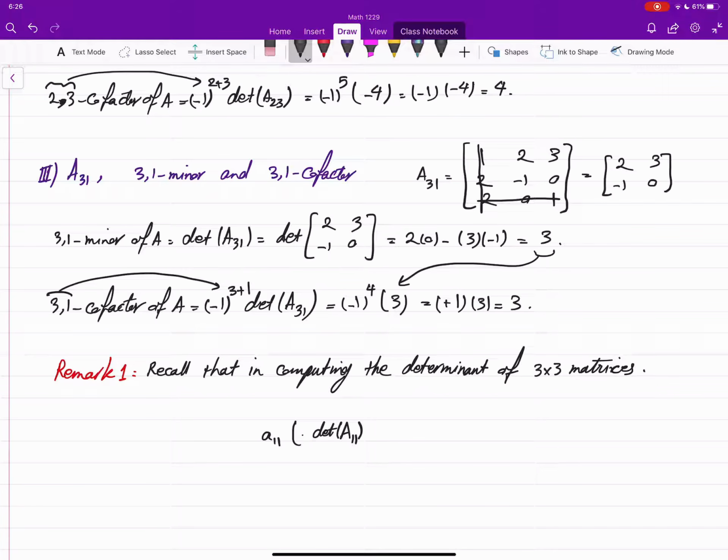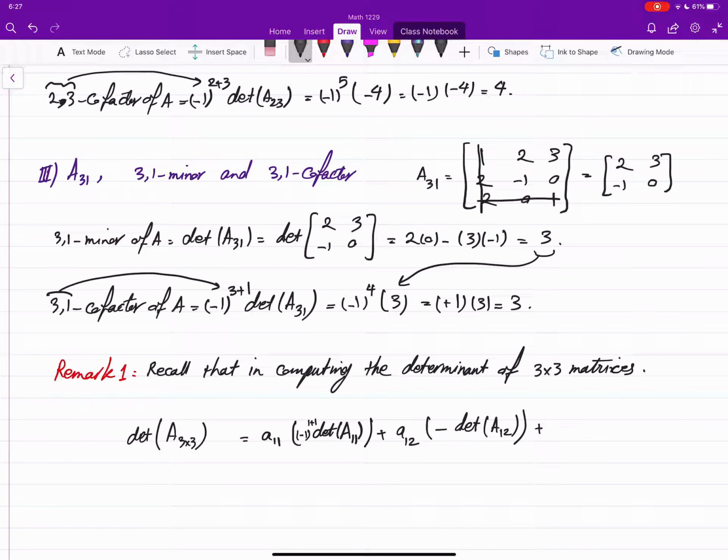That is -1 to the power 1 plus 1, which is plus. Then we subtracted. That was A12 times negative determinant of A12, deleting row 1, column 2.